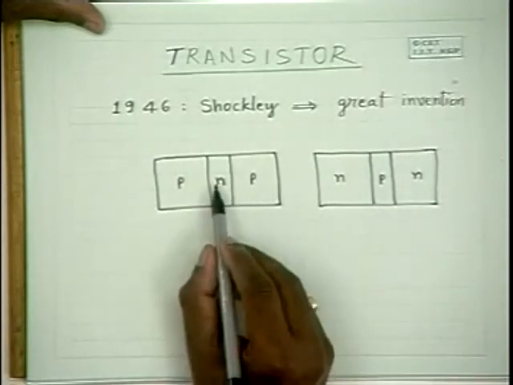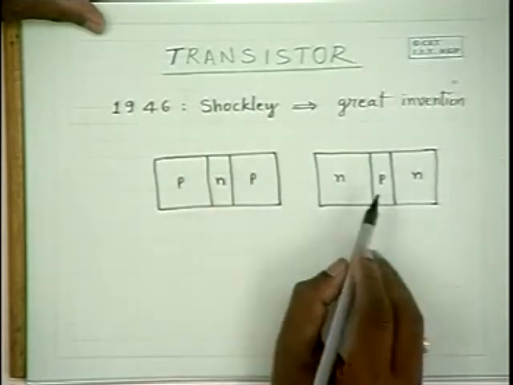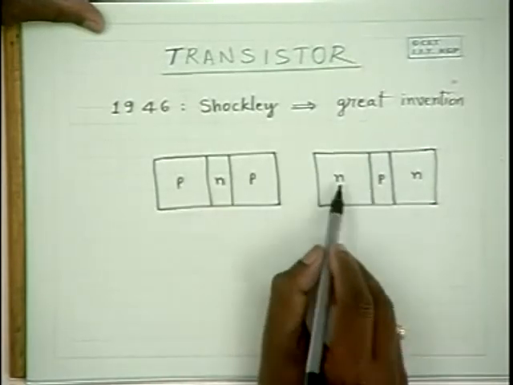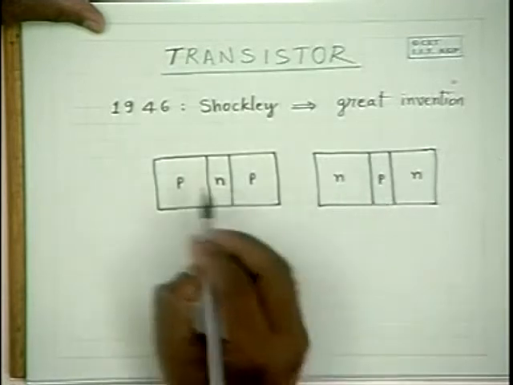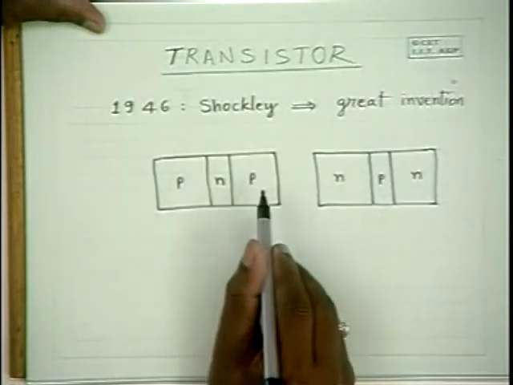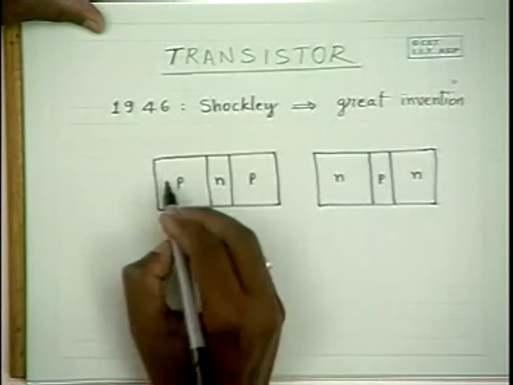Here an n-type material is sandwiched between 2 p-type materials, and here a p-type material is sandwiched between 2 n-type materials. So here it becomes a PNP transistor, and this is an NPN transistor.